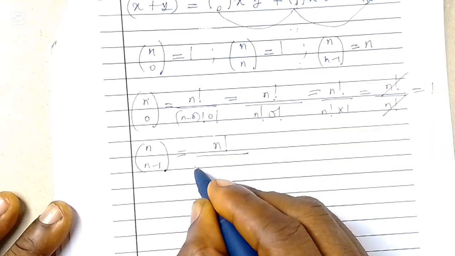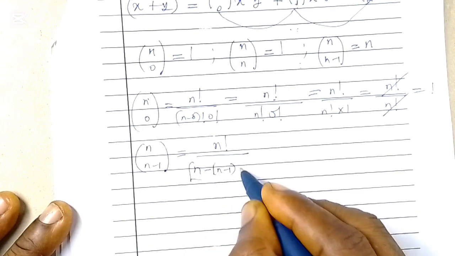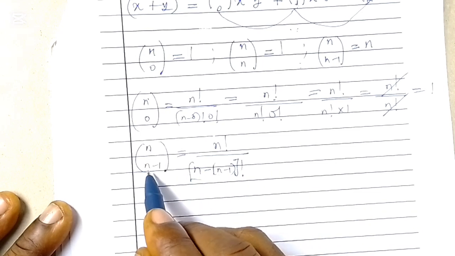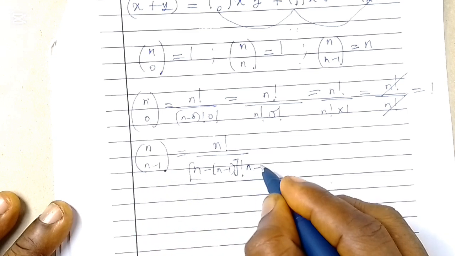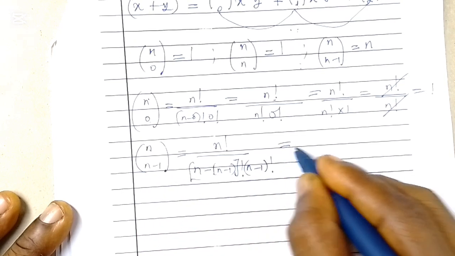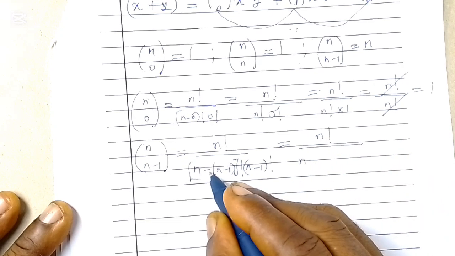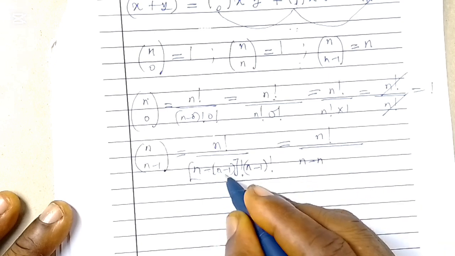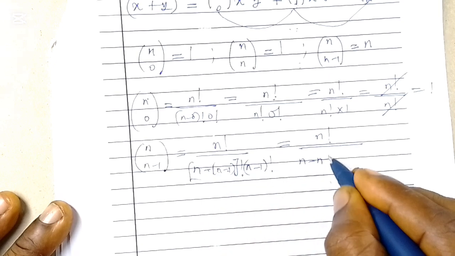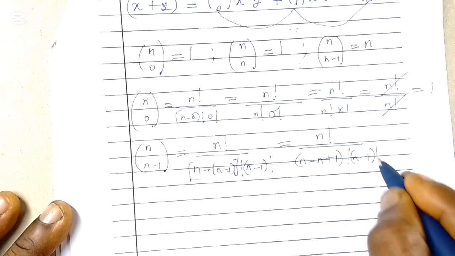N factorial all over n minus, in bracket n minus 1 factorial, and then n minus 1 factorial. Now let's simplify. This will give you n minus 1. N minus, if you expand this, minus times n is minus n. Minus times minus 1 is plus 1. Put your factorial, and this is n minus 1 factorial.